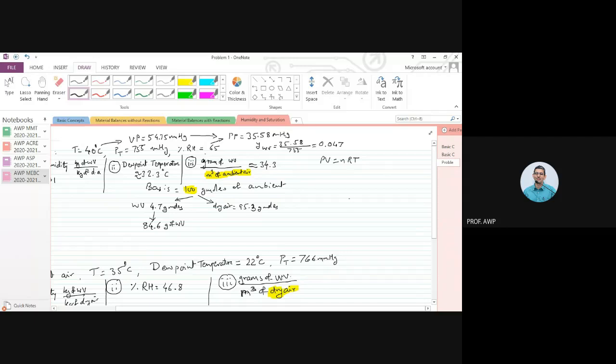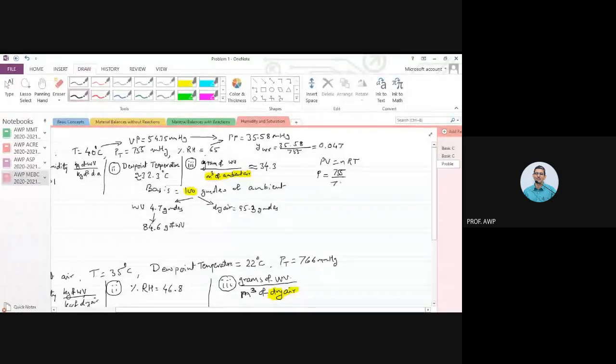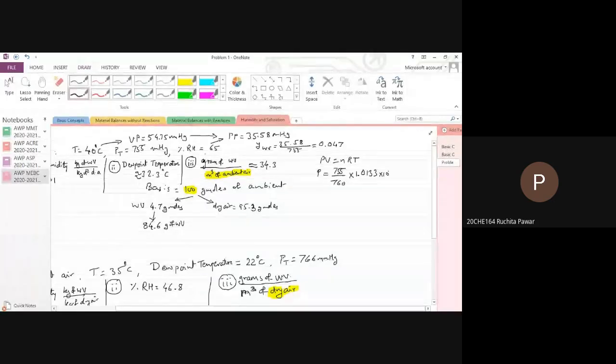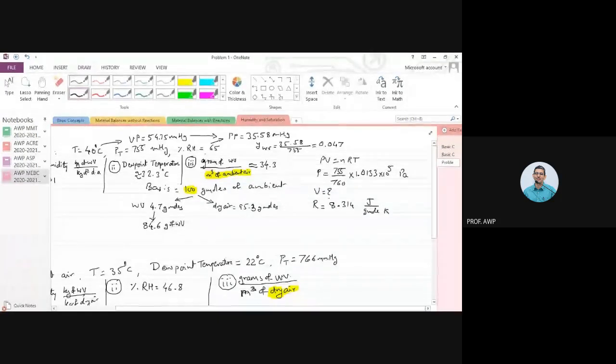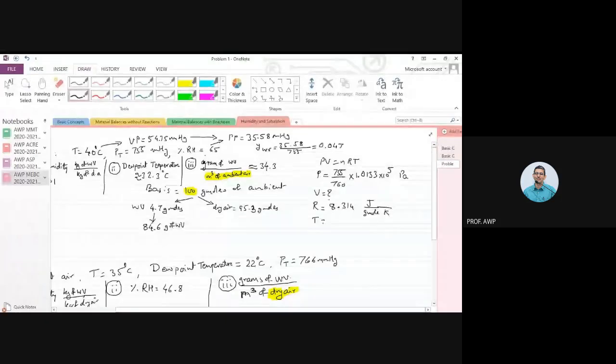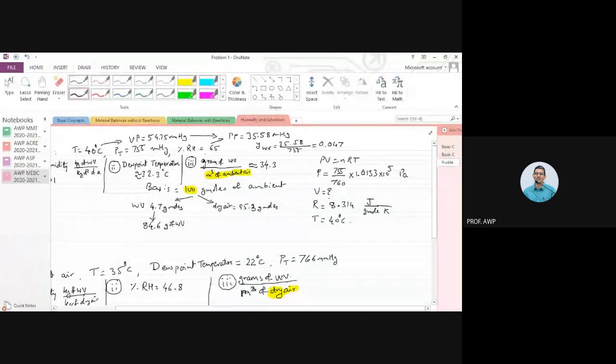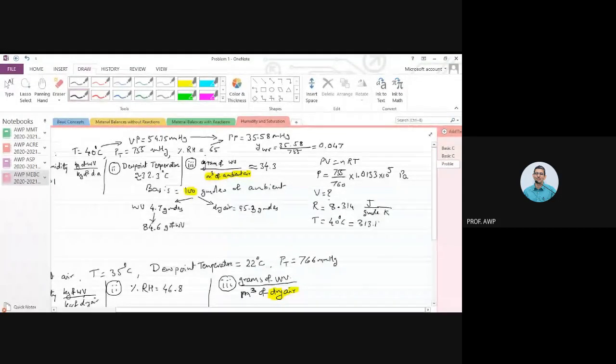So pressure is 755 mmHg, that is 755 divided by 760 into 1.0133 into 10 raised to 5 pascals. Volume is what we want to find out. R we can take as 8.314 joules per gram mole Kelvin. Temperature is 40 degrees centigrade, so that is 313.15 Kelvin.